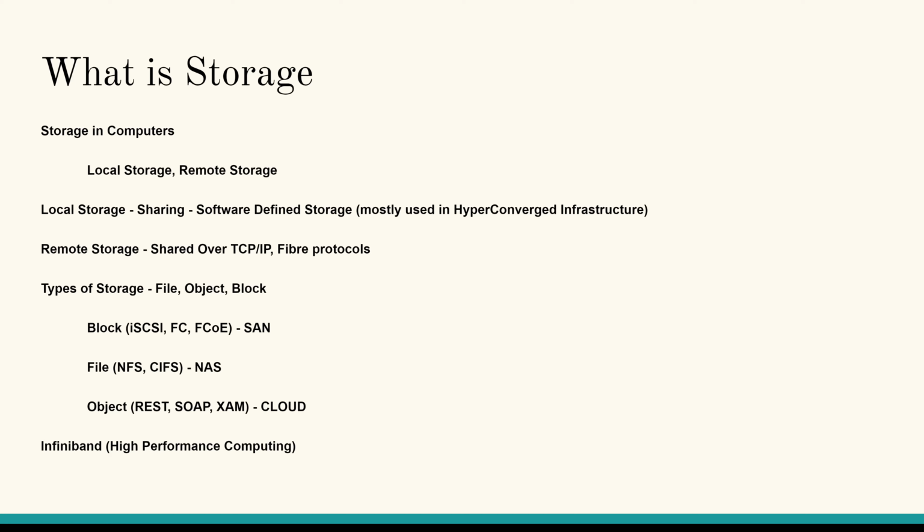And also from a usage perspective, the storages are combined in the form of a hierarchy called file storage, object storage, and block storage. And these are the examples of each and every one of them. Apart from this, there's also an InfiniBand storage technology for high performance computing. But in this video, let's focus on how to share local storage using Ceph technology.